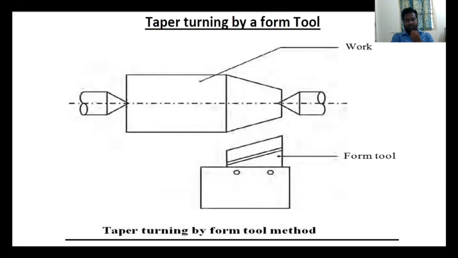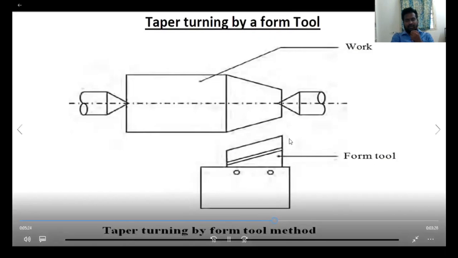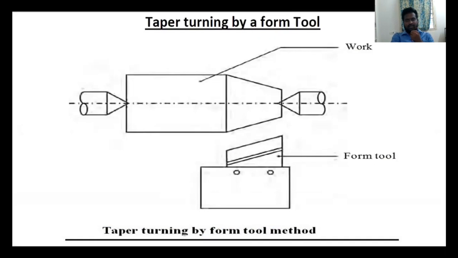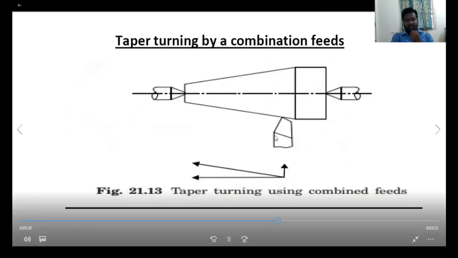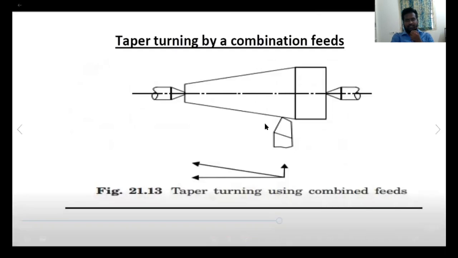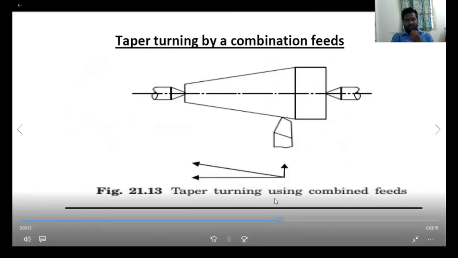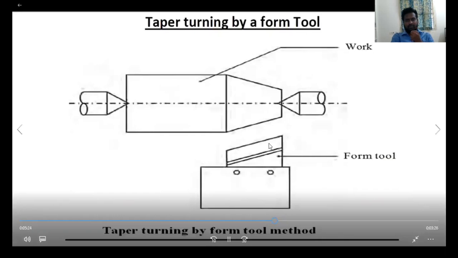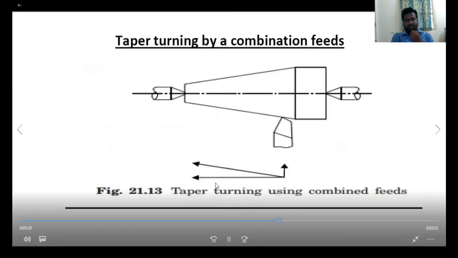The forming tool has some inclination. What inclination? It has the desired inclination, right? With that desired length of inclination, we are having the desired taper shape.